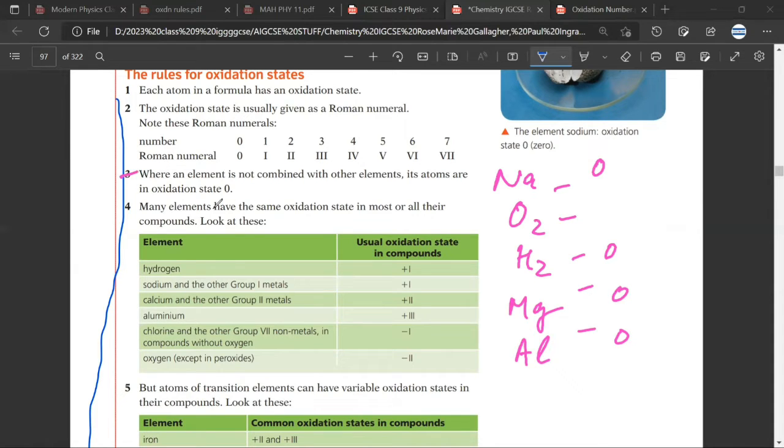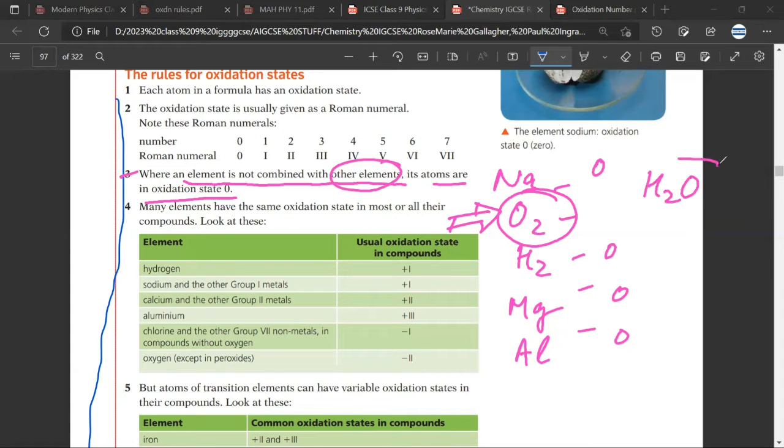Okay, so this is the rule. So oxygen will be 0. Let us look at the rule again. When an element is not combined with other elements, its atoms are in oxidation state 0. So oxygen is not combined with any other element; that is why its oxidation state is 0.